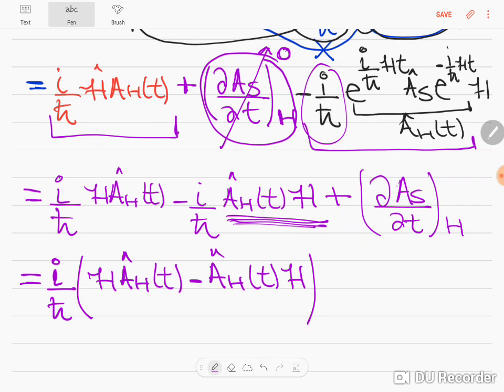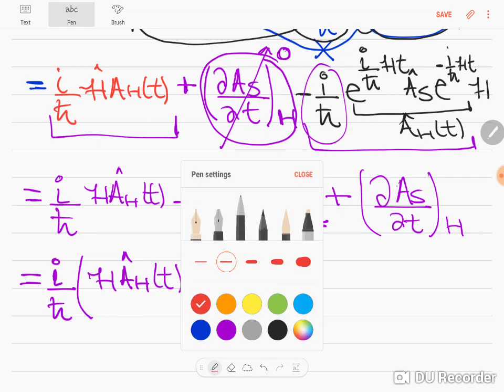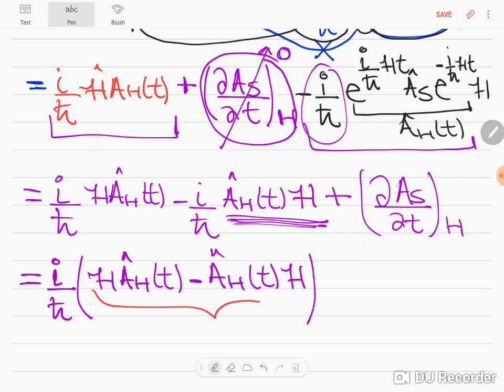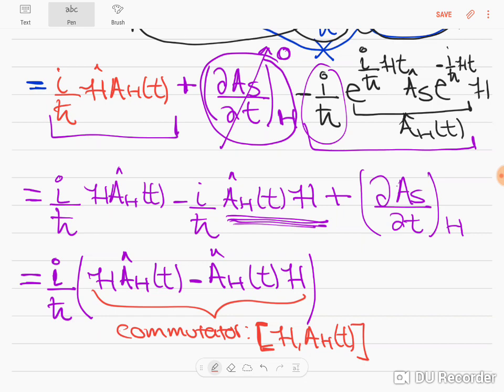Because this is a commutation operator, this thing here is called a commutator, and it is written like this, with brackets, H, A_H of t. This is an essential object in quantum mechanics, so you have to be familiar with it.